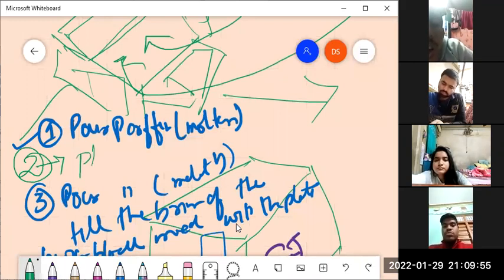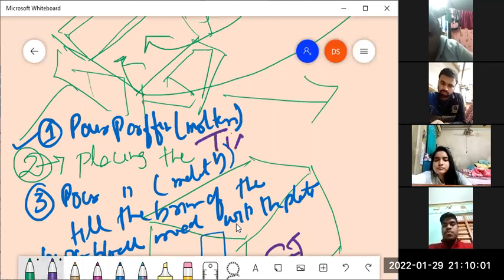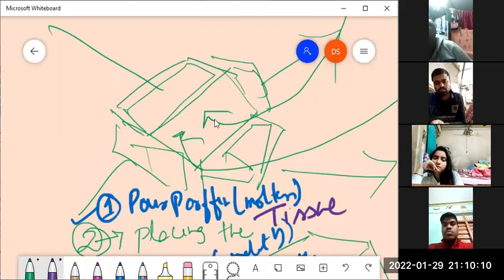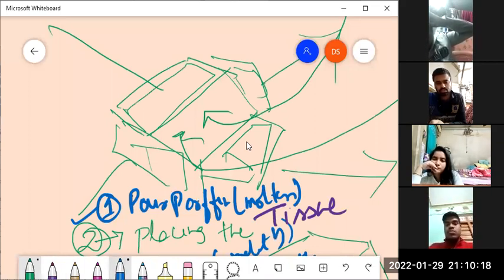We are placing the tissue. That means what? If I draw this block again, to some height, you first place your paraffin till some height.